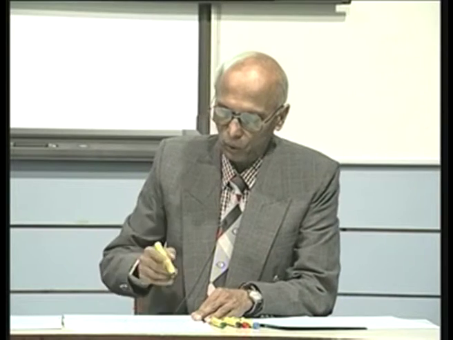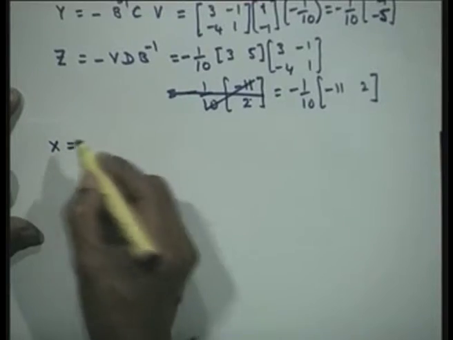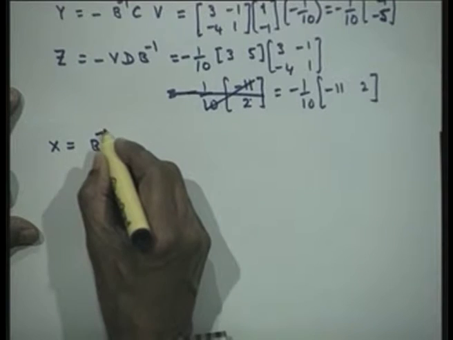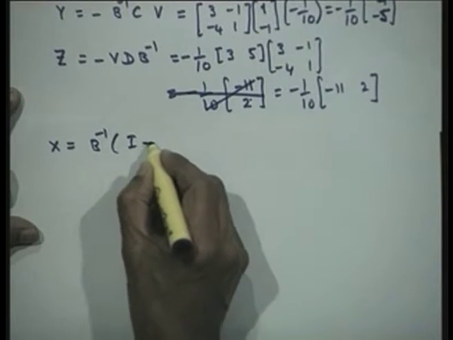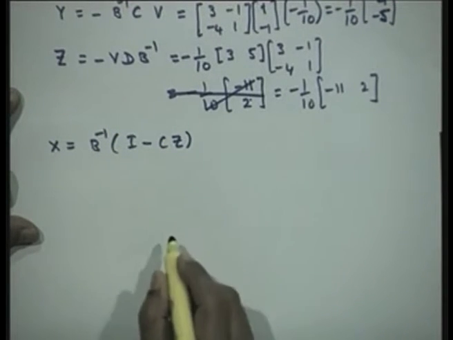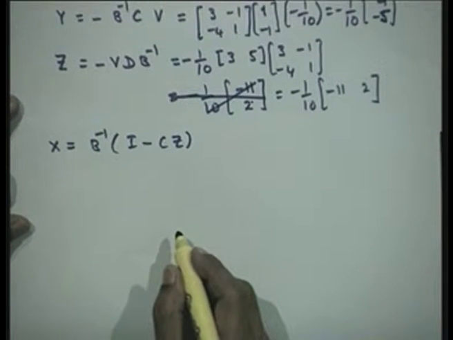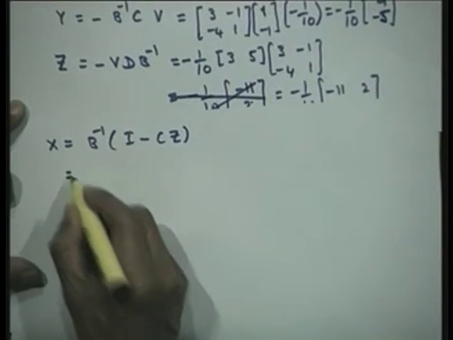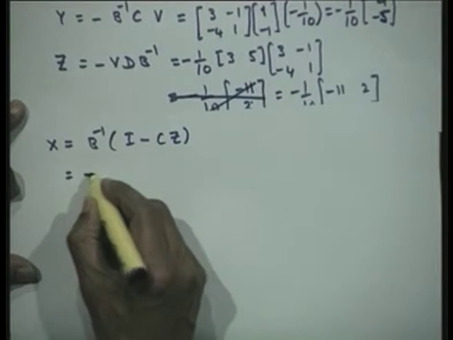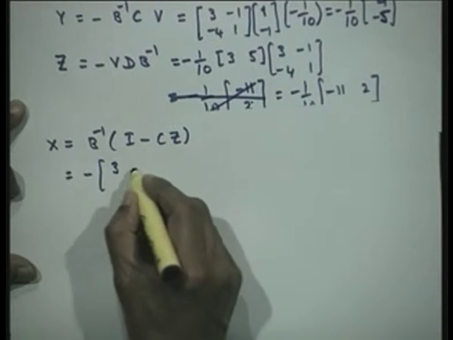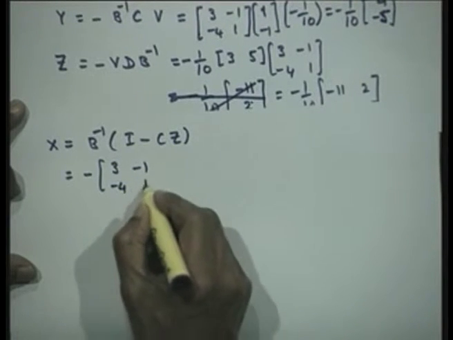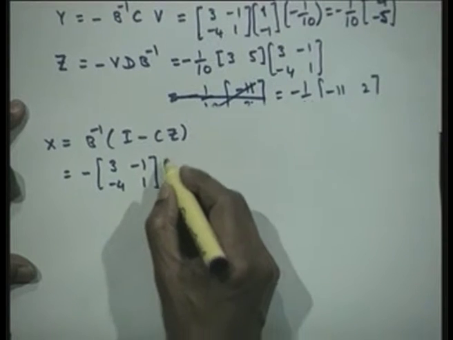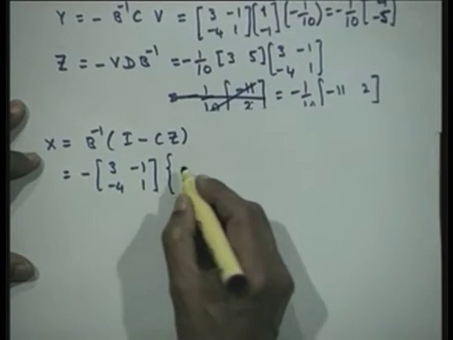Now, the last quantity to be determined is x. So, the vector x is equal to B inverse of I minus C Z. This is the matrix X. Now, let us again substitute B, that is 3 minus 1 minus 4 1, and put this in a bracket.